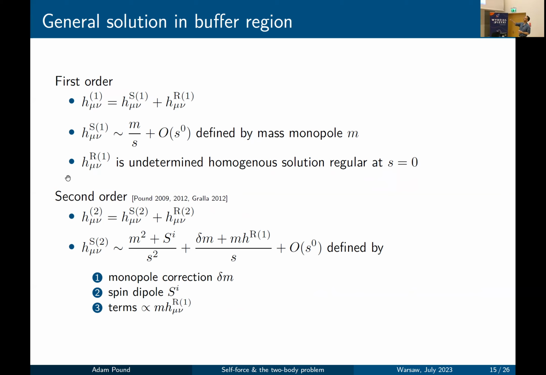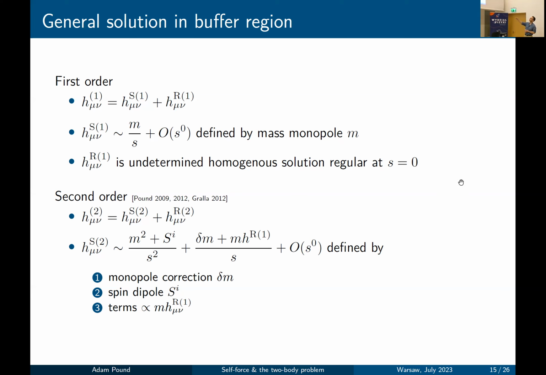Then you get this term HR1, which, if you're doing just a local analysis with no global boundary conditions, is just a homogeneous solution, and it's just a list of unknown functions of time, effectively. The self field, if you extend it down to s equals 0, is singular there.